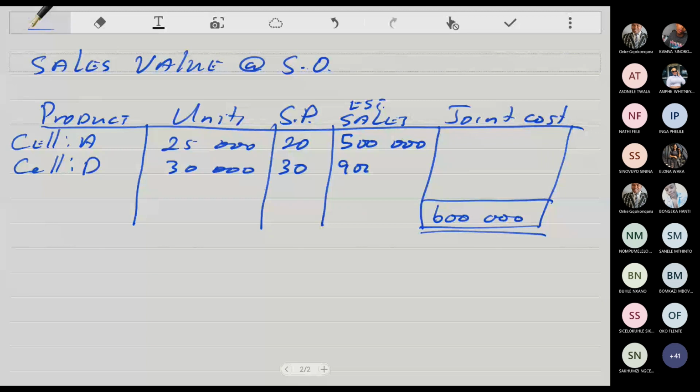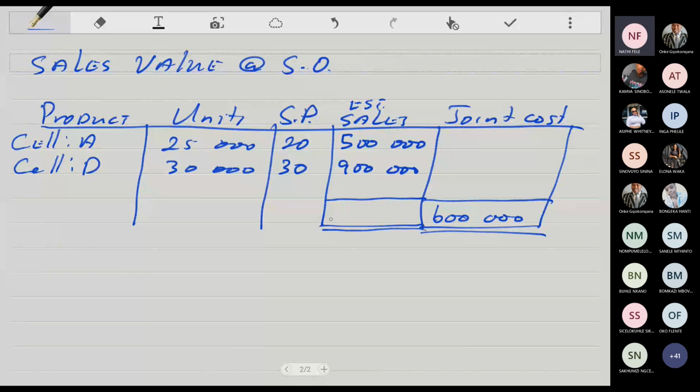Good. Then let's add the two figures, because these are the figures we're looking for to allocate our joint cost. So 500,000 plus 900,000 is 1,400,000. That's the total of the sales that we're going to use. Now we've got the values that we're going to use to allocate our joint cost.